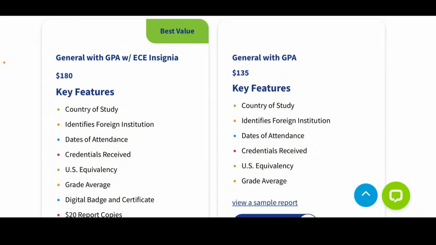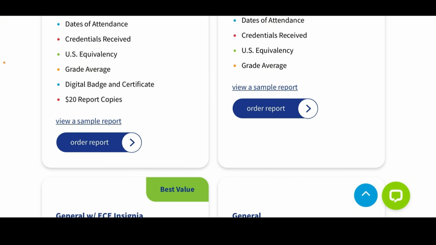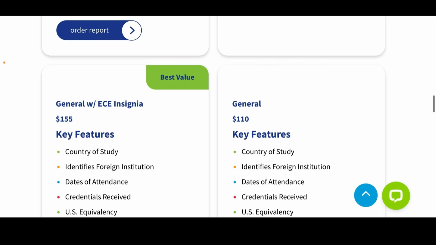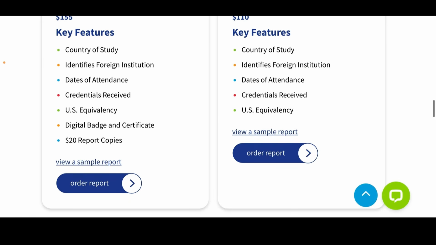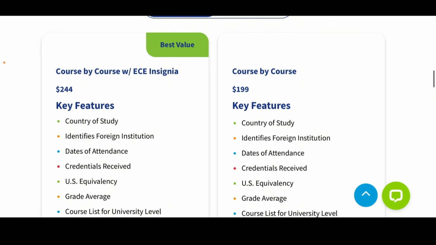The general with GPA by itself is $135, and these are US dollars. And if we look at the general, it is $155 with the insignia, and then the general by itself is $110 US dollars.